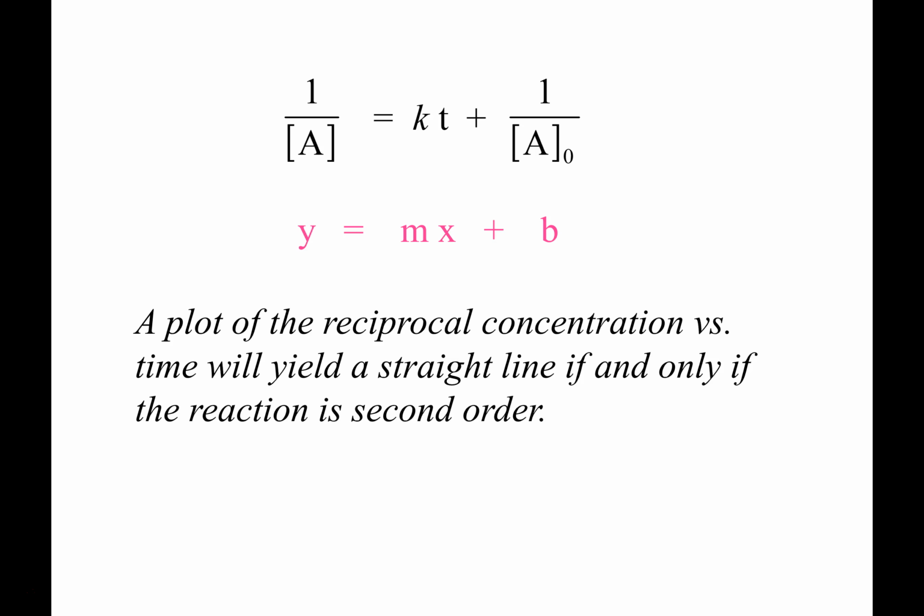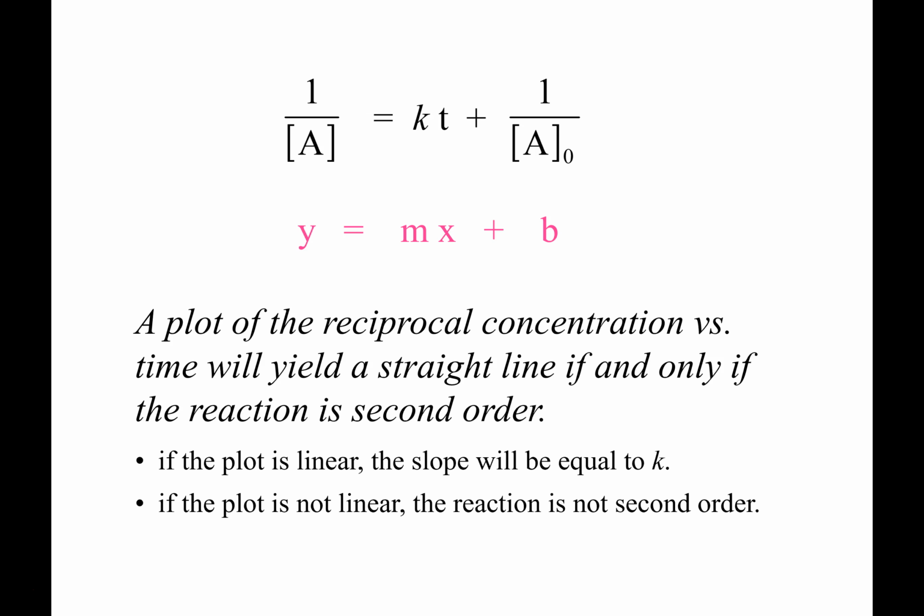So if you see somebody has time concentration data and they have plotted the inverse of the molar concentration of a reactant along the y-axis, that means they must be checking for second order. We can make similar conclusions as we did for the first and zero order. If you do this plot and it's straight, ding, ding, ding, you have found a reactant that's second order.